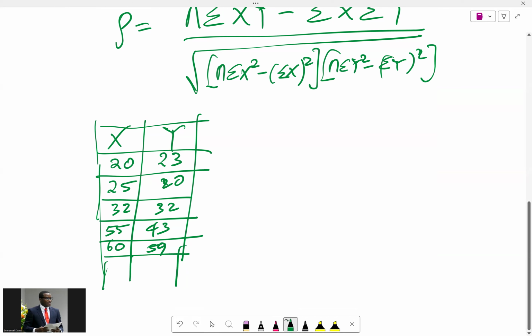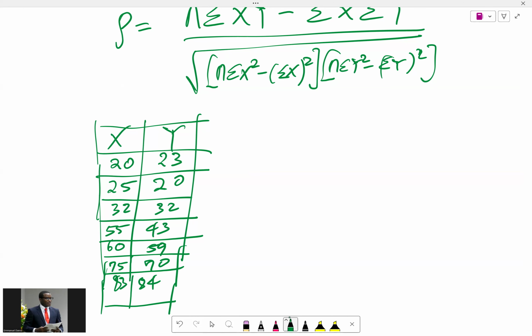Next is 75, 70. And next, we have 83, 84. That's it. I check again, I want to do this better: 20, 23; 25, 20; 32, 32; 55, 43; 60, 59; 75, 70; 83, 84.